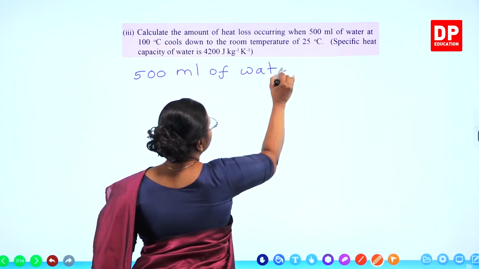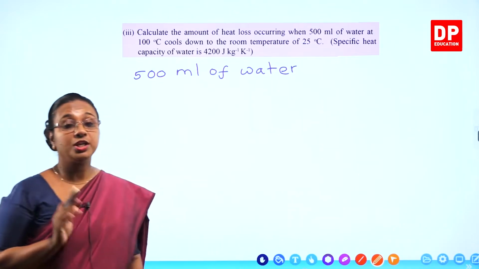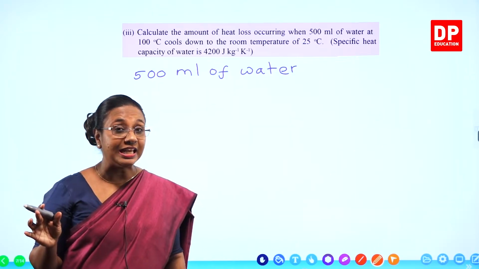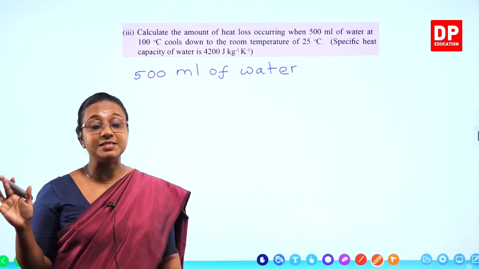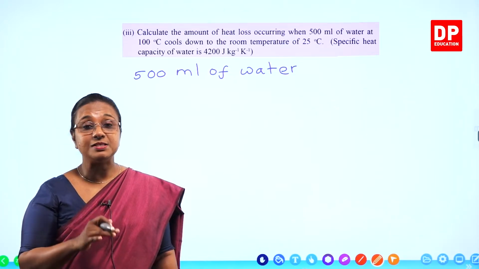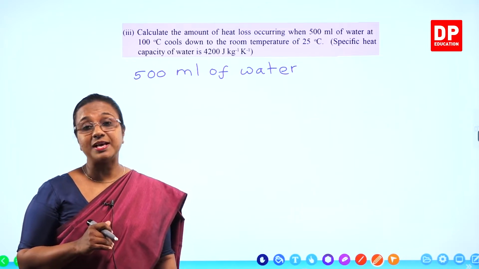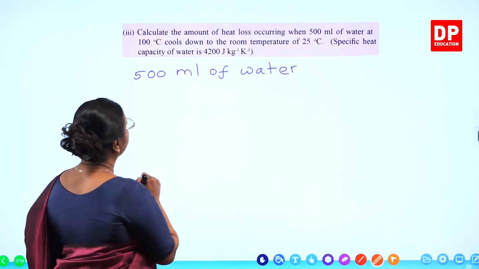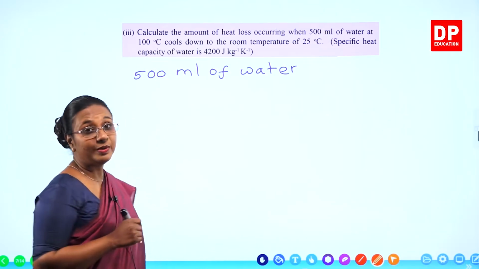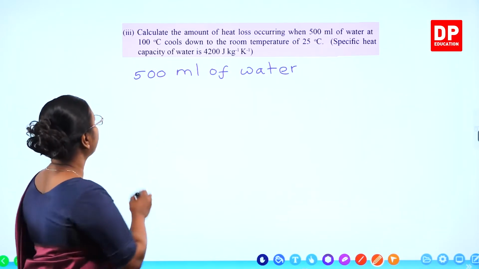So how can we get the mass of water? You all know when we need to calculate heat, what is the equation we use? Q equals m s theta. Q is heat, m is mass, s is specific heat capacity, and theta is the temperature change. So we need to find mass. To do that, what do we need? We need the density of water.